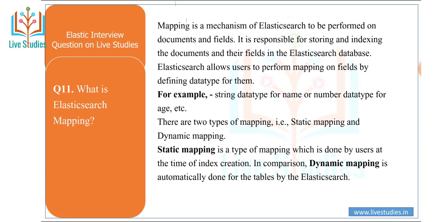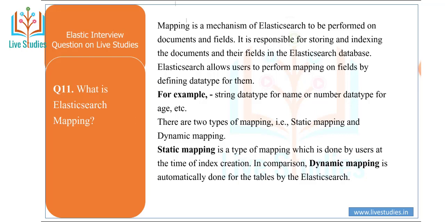Another question is, what is Elasticsearch mapping? Mapping is a mechanism of Elasticsearch performed on documents and fields. It is responsible for storing and indexing the documents and their fields in the Elasticsearch database. Elasticsearch allows the user to perform mapping on fields by defining data types for them, for example a string data type for name or a number data type for age.